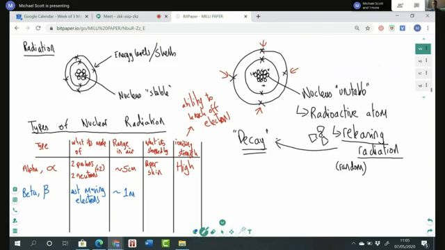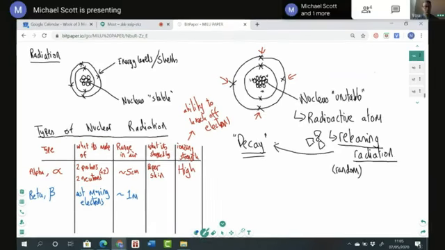Again, you are expected to remember these different properties of radiation. Beta radiation is typically stopped by a few sheets of aluminium. Beta can penetrate the skin.